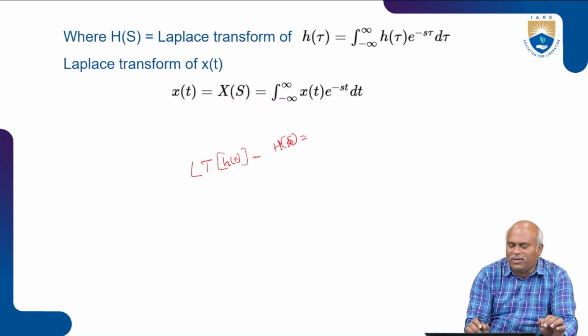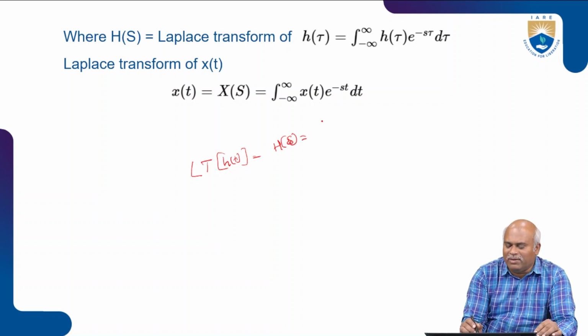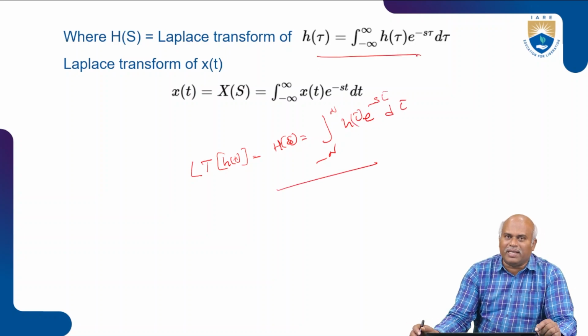This value we find from the integral from minus infinity to plus infinity of h of tau e power minus s tau d tau. This equation I mention here.